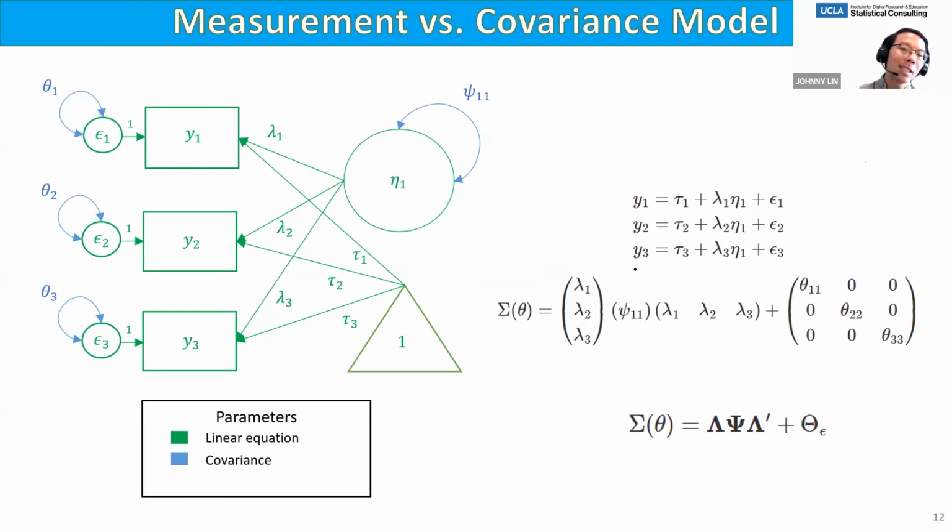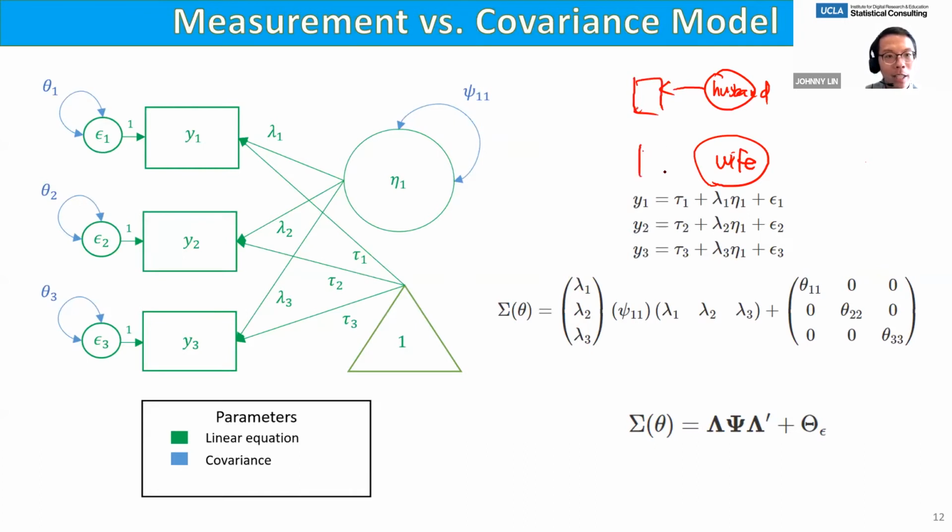The only context where I've seen that it actually makes sense, and we won't go over this because it's a more advanced topic, is if you have, let's say, husbands and wives. I've seen that before, like a husband's depression and a wife's depression. Because husbands and wives live so closely together, maybe if the wife is depressed, the husband would be depressed too, just because they're correlated. So in that case, maybe I would correlate the errors of husband and wife.